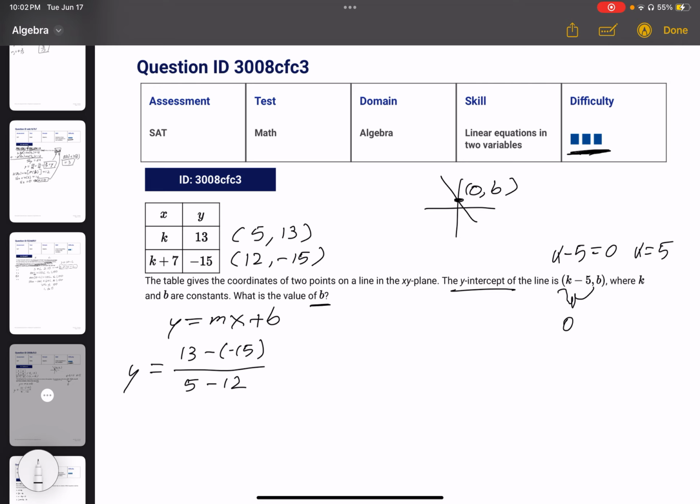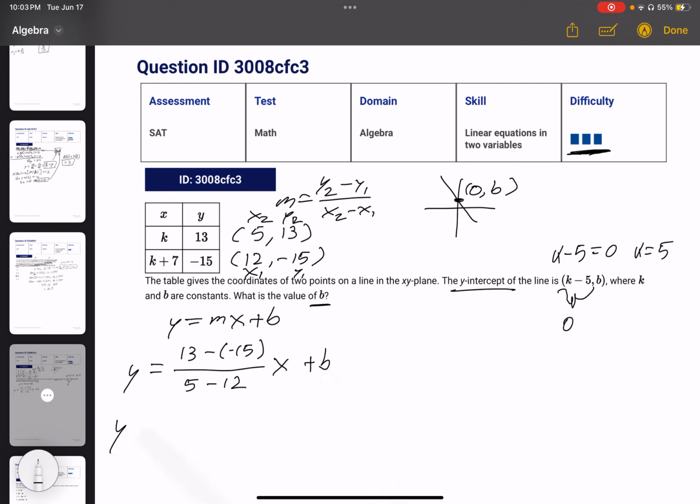For slope, just taking a step back, slope is equal to y2 minus y1 over x2 minus x1. And we just chose this as y2, that is x2. This is y1, that is x1, if that helps clarify. And then times our x value plus b.